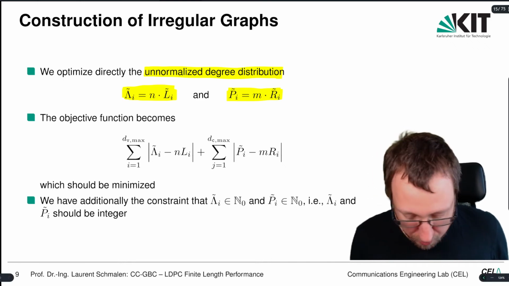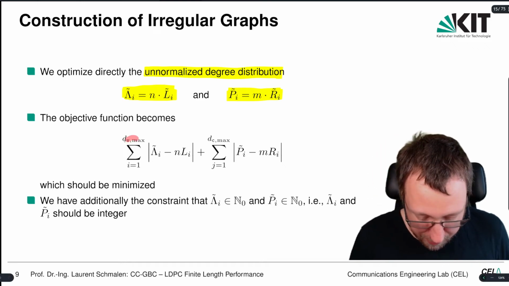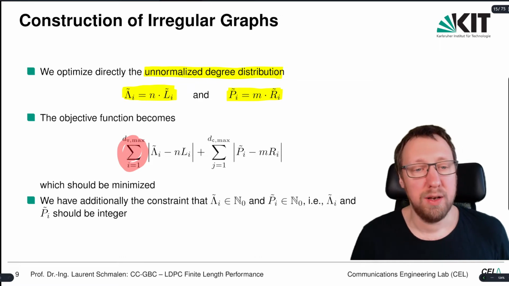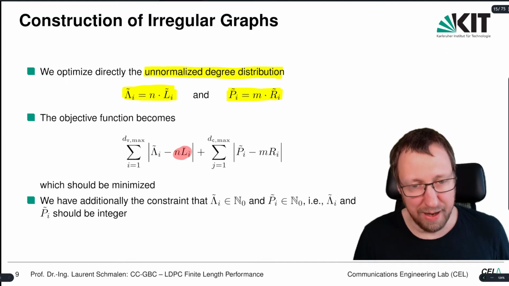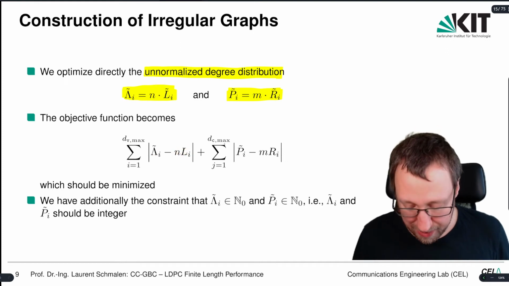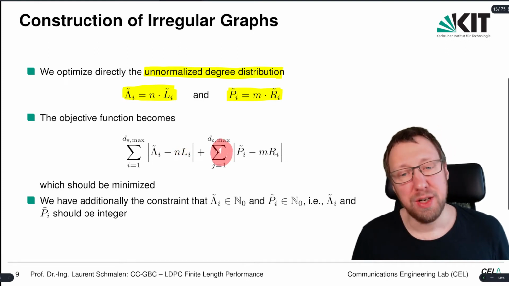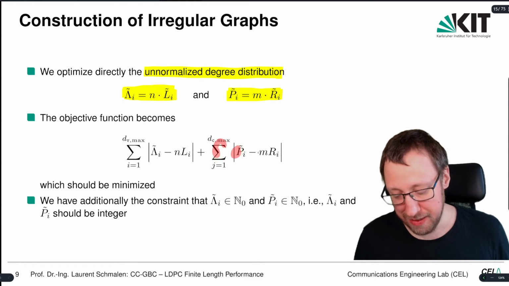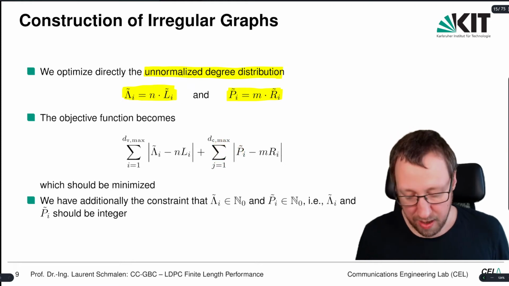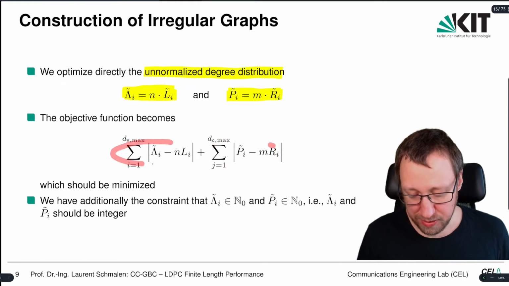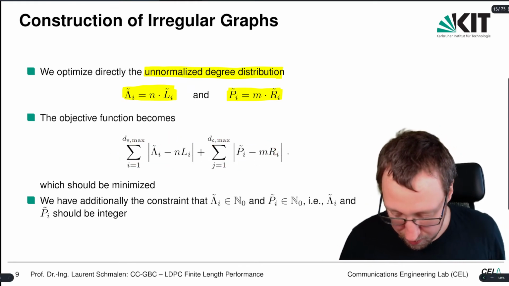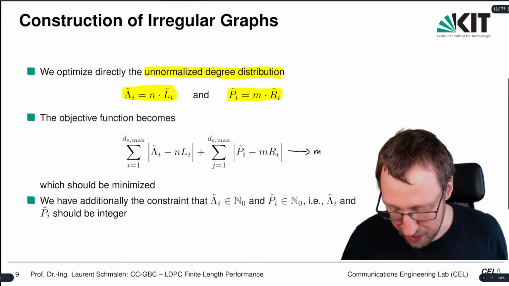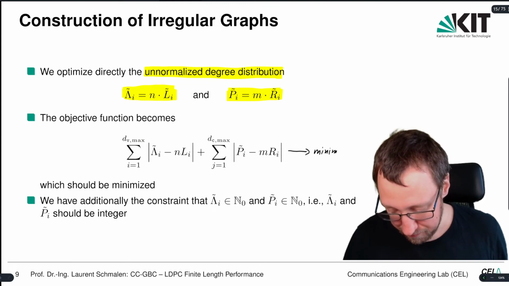So we have the sum over all degrees, lambda I tilde minus n times Li, plus the sum of all check node degrees, pi tilde minus m times Ri. And we sum up both of those objective functions, and we would like to minimize this difference.